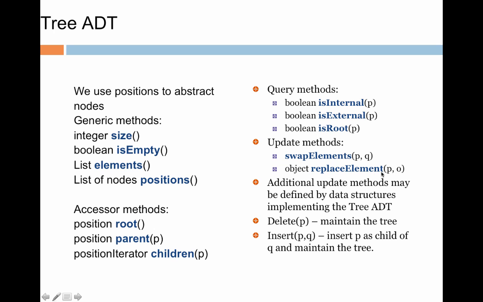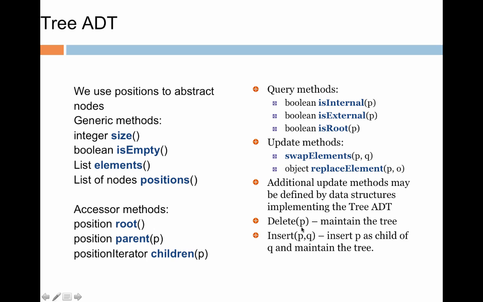The replace method replaces the element at a particular node by an object O, and returns a value depending on whether the object was successfully replaced or not. There are no limitations to the kind of methods that we include with any abstract data type, and this is very true with the tree abstract data type, because multiple users of the tree abstract data type come up with multiple methods.